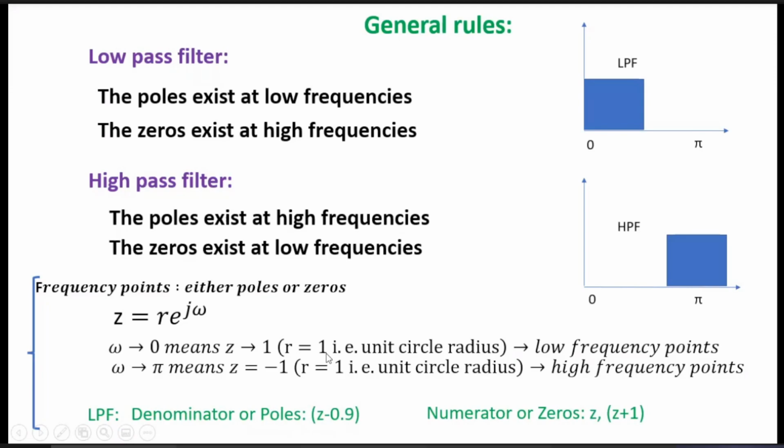If omega tends to 0, that means z tends to 1, which corresponds to low frequency points. Low frequency points represent z tends to plus 1, near the unit circle.